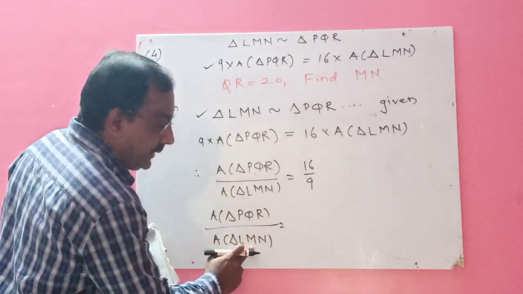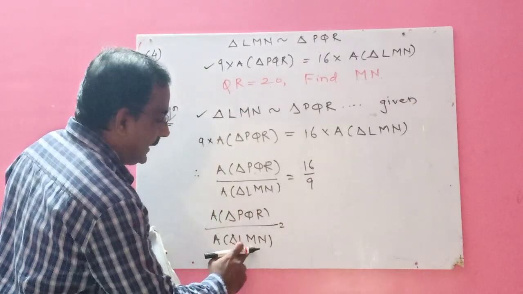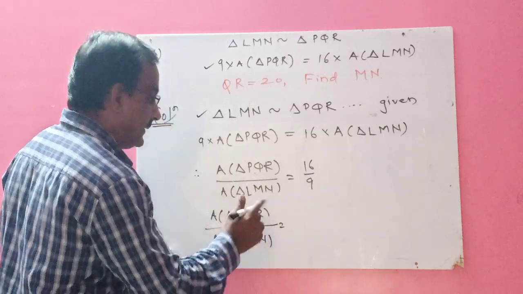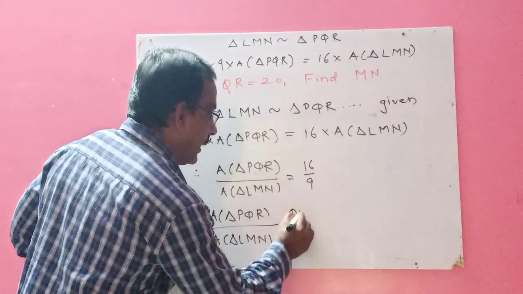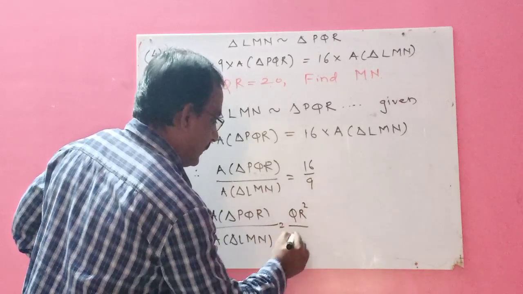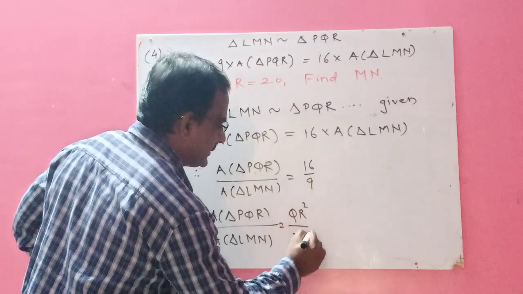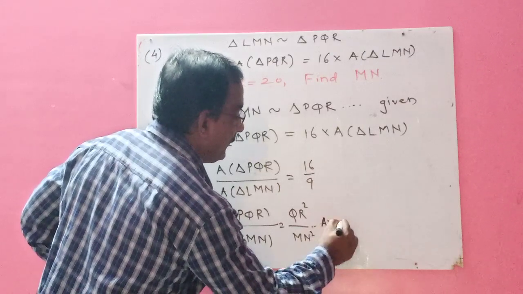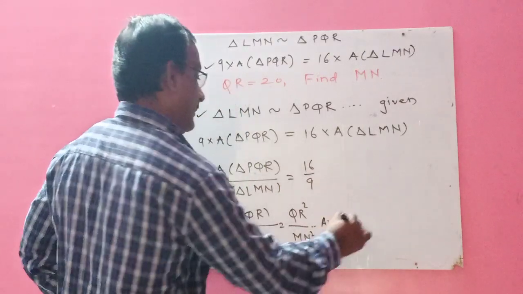Because we need MN, we will not take PQ and LM, PR and LN, we will take these two sides. That means QR square upon MN square, and write here reason, areas of similar triangle.